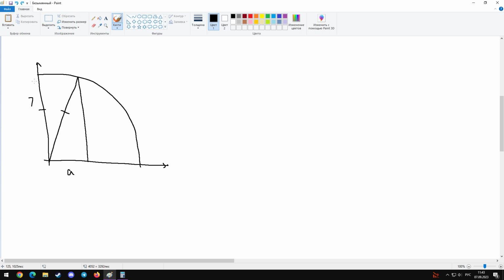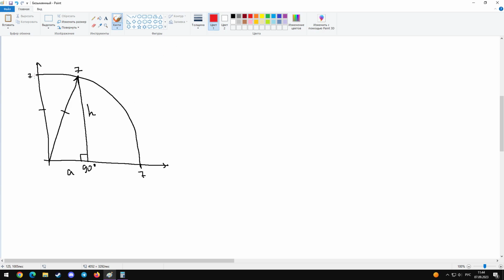I mean, in Cartesian coordinates, it's 7 here, and 7 here also. And this vector is also 7. Its length is 7. This angle is right, 90 degrees. That's our height.